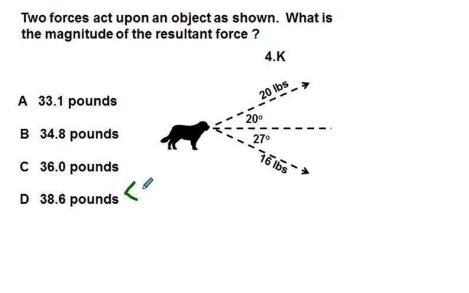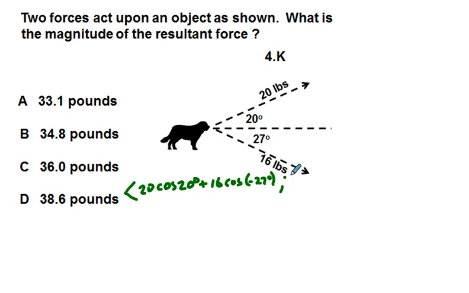So we have 20 cosine 20 degrees plus 16 cosine negative 27 degrees. And so that's going to be our x component of force.